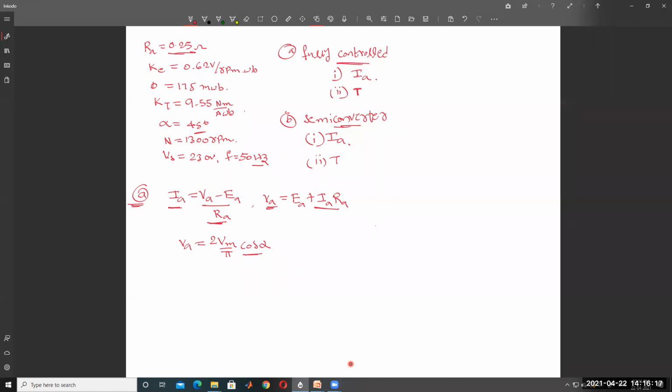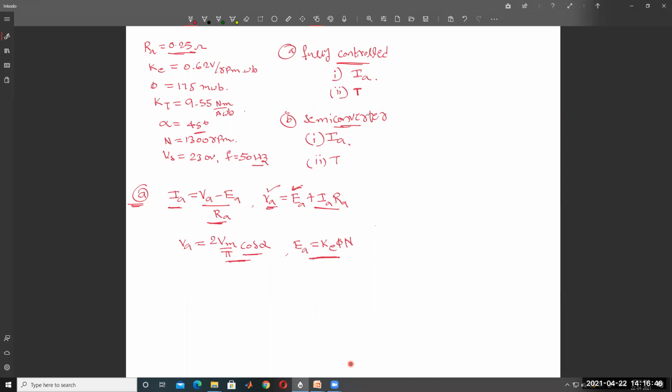Ea is the back EMF developed by the motor. Ea is equal to back EMF constant Ke into phi into N. So by using 2 Vm by pi cos alpha and Ea, we will get Ia.